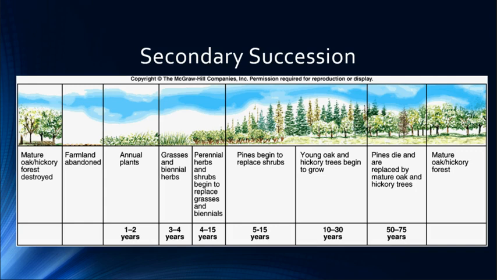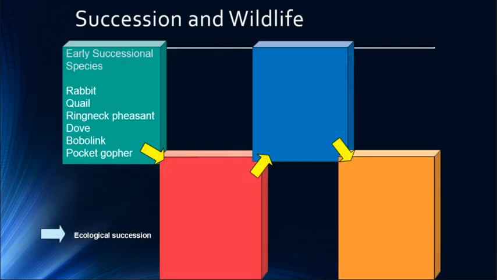A lot of times it's going to be these pines that start out. Then you're going to get harder woods, and the pines will start to die out. There'll be a little bit of competition. And then we'll get a mature oak hickory forest, like the original one before we cut it down. And that's secondary succession. And like I said, the animals will go with the plants.